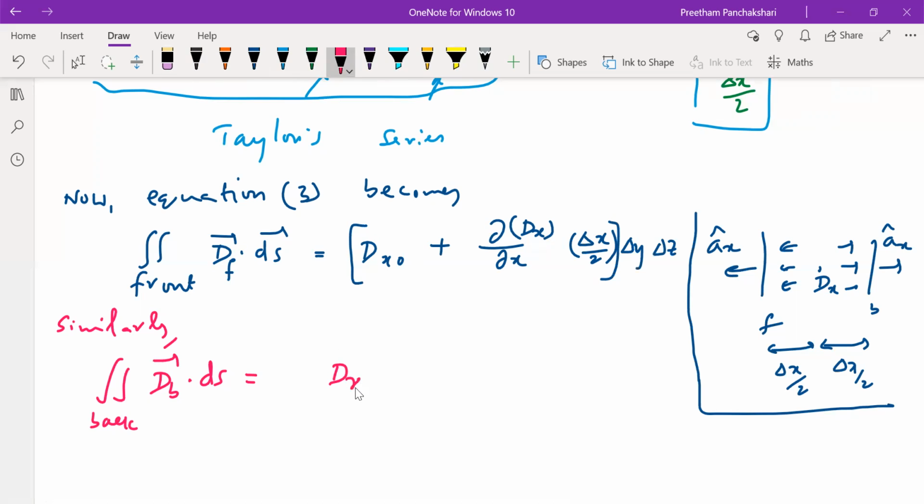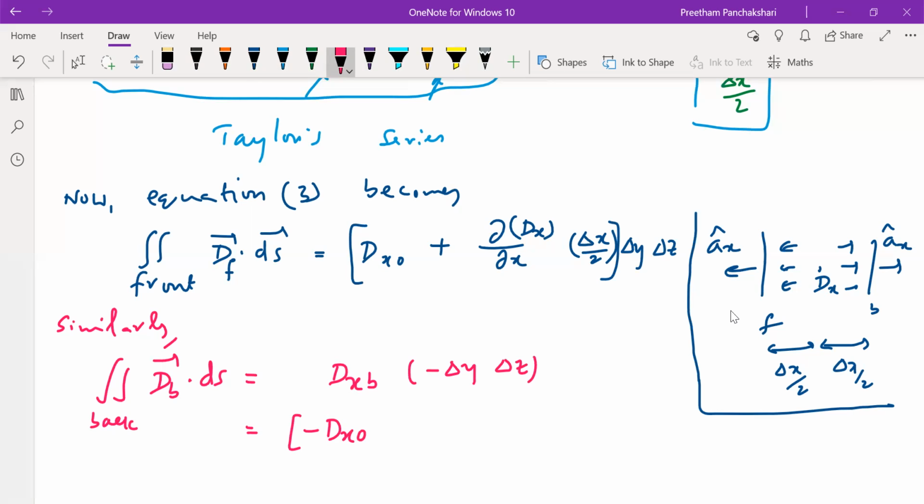This is going to be your regular dxb into delta y into delta z, which becomes minus delta y into delta z, because the direction of the back face is towards the negative axis. In the dxb, that is the x component of D that is passing through the back face will be moving in the negative x direction.